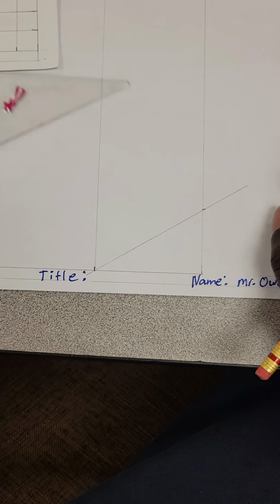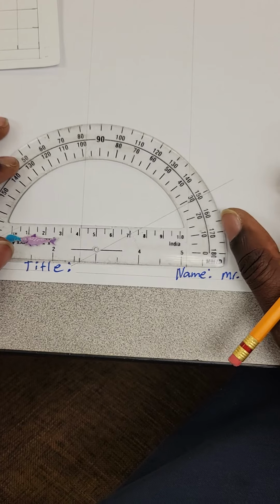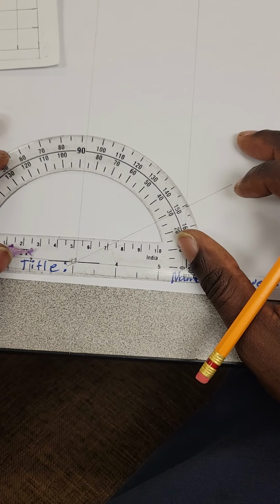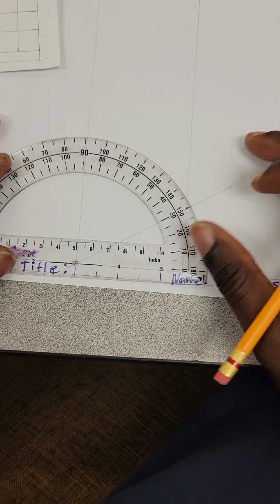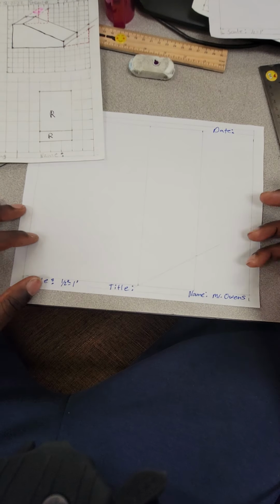Alright, we want to check ourselves. Grab your handy dandy protractor. Put it on that line. And there you have it. 30-degree angle. You don't need this, but again, sometimes it's good just to check yourself, because when you get going, you kind of have to do checks and balances in there.